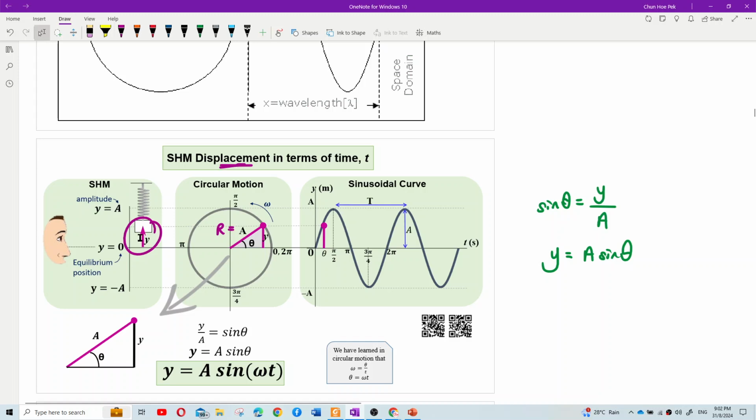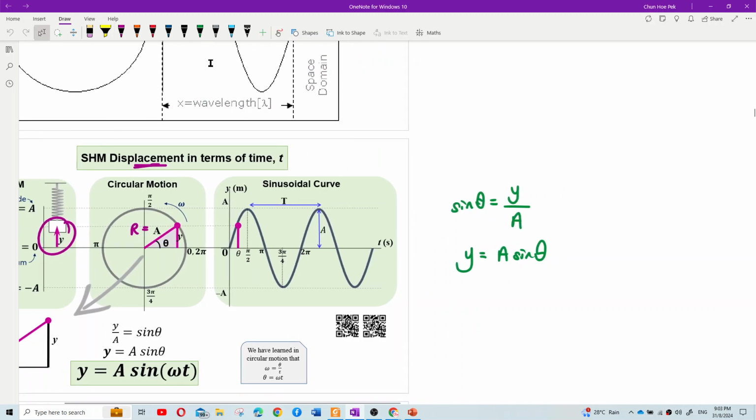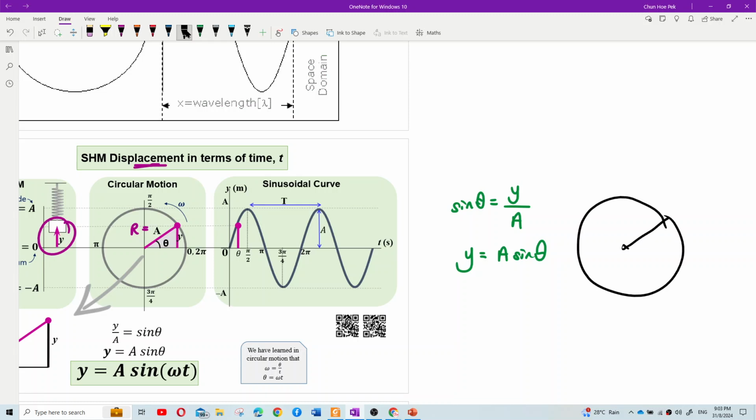So, ini y sebenarnya sama dengan y component untuk amplitude ini, atau y component of the radius. Okay, let me draw it here. This circle dia ada radius kan. So dia ada dua komponen sebenarnya.